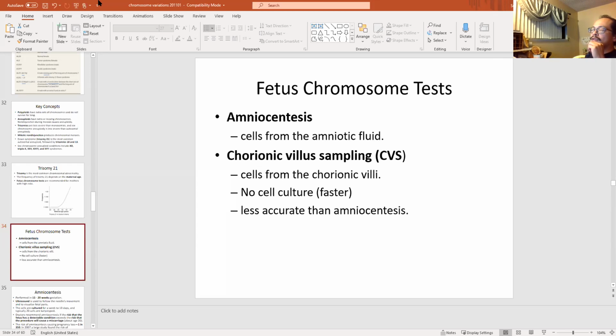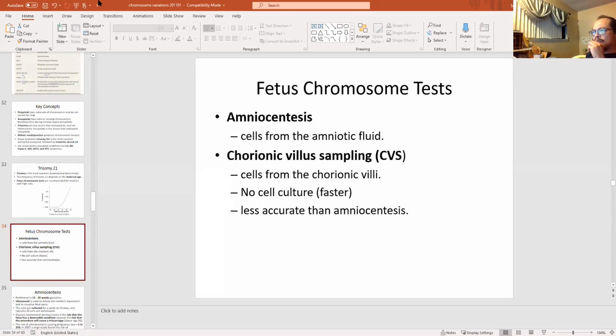Amniocentesis is relatively safer, but because the cell number is less, we need to culture these cells, and it may take almost a week to grow enough cells to conduct the karyotype.